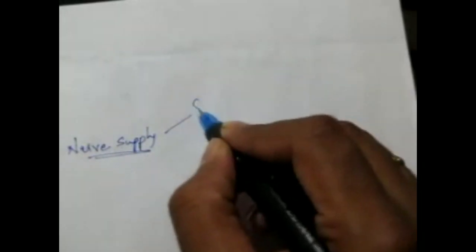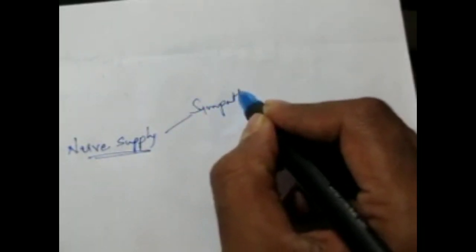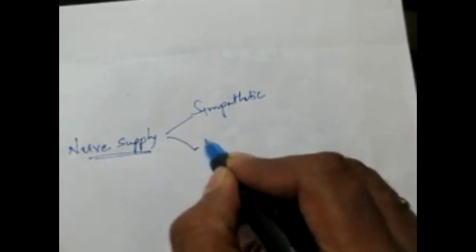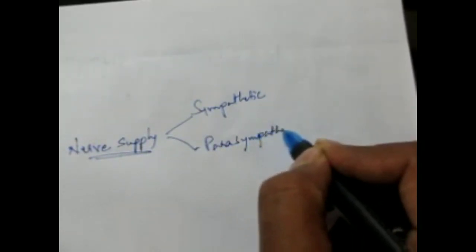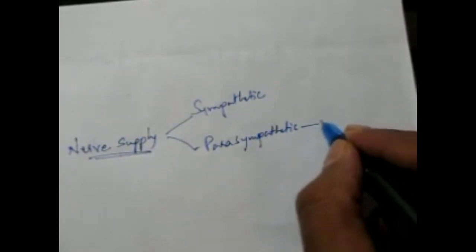Nerve supply is by sympathetic and parasympathetic fibers. Parasympathetic, we already know, is the vagus.